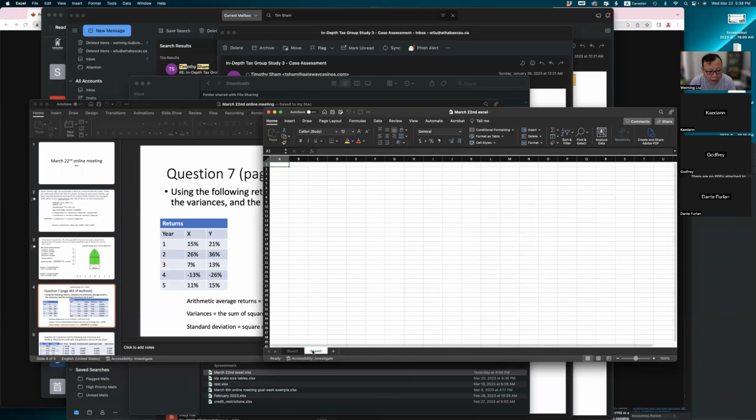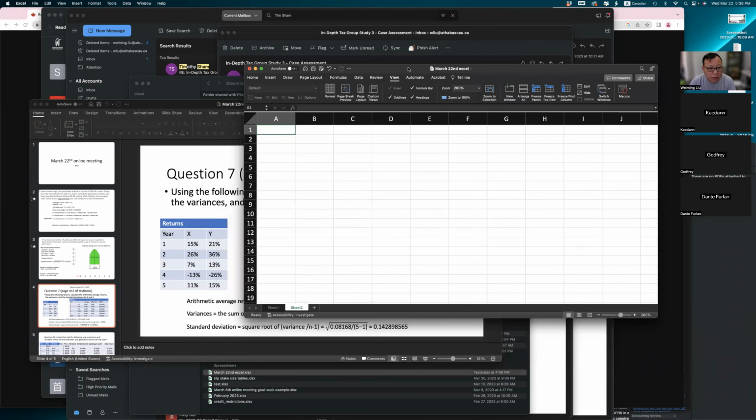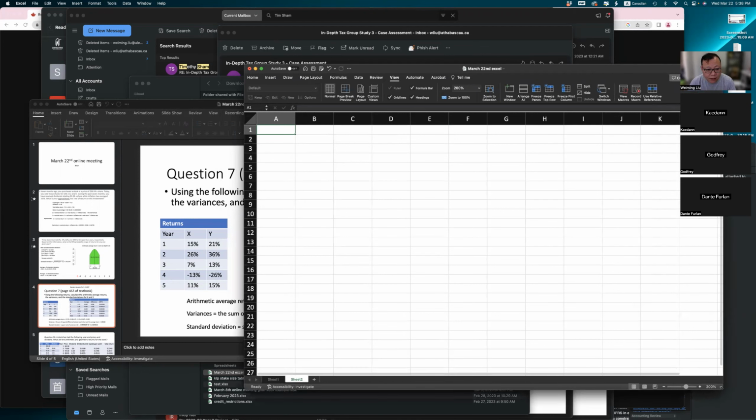Okay, and let's see. Can you see my screen? Is this big enough? Can you see my Excel sheet? So year one. Can you see? Yeah. Okay. Year one, and so I have 2, 3, actually 4, 5, right?